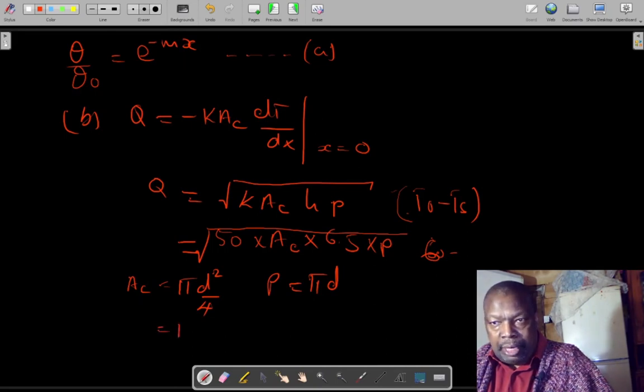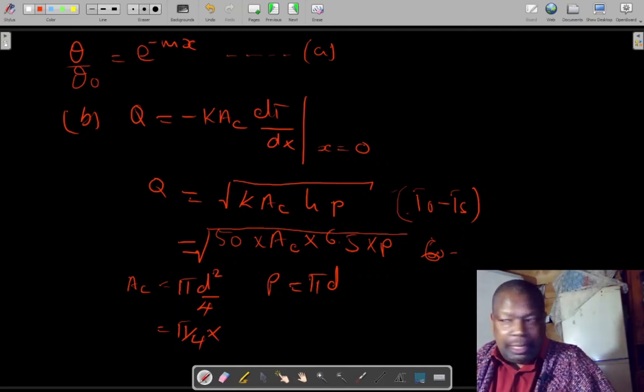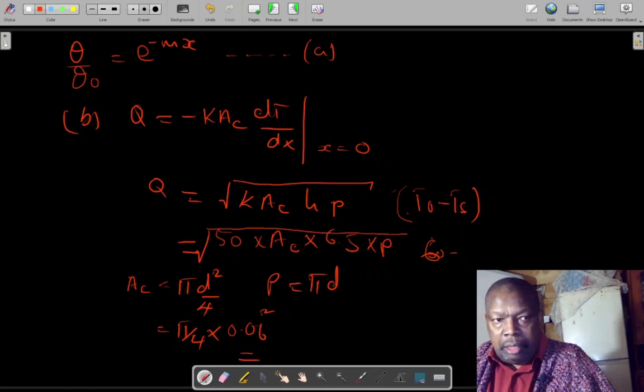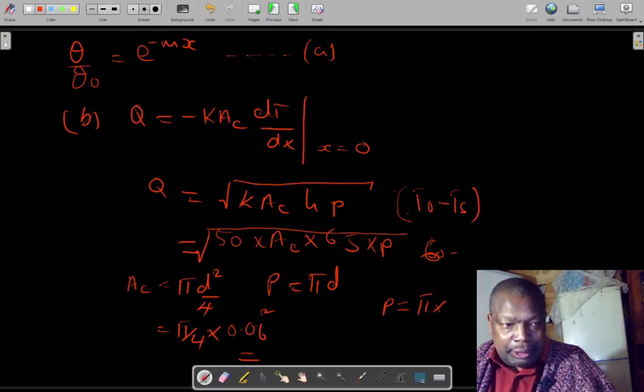So Ac is equal to pi by 4 times the diameter, which is 0.06, squared, and P is equal to pi times 0.06.